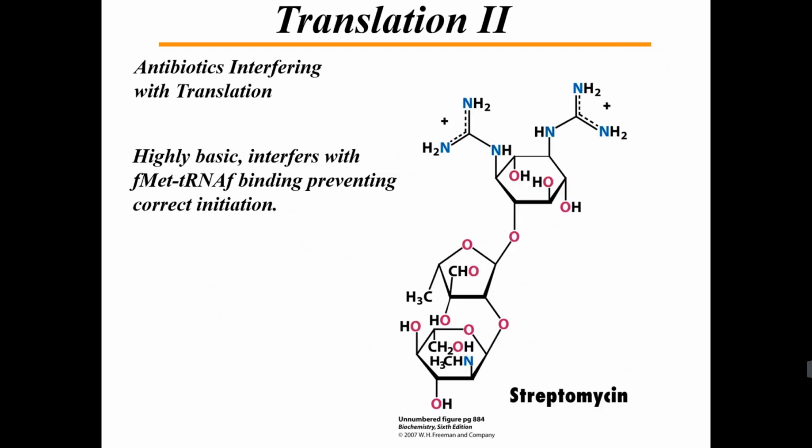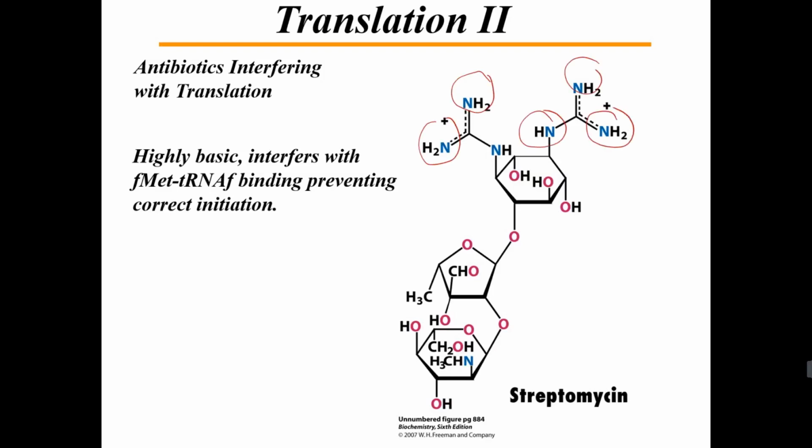And just briefly, I wanted to show the structure of streptomycin. This is an antibiotic that's very specific for inhibiting protein synthesis in prokaryotes. You can see that it has a very highly basic structure, so you get lots of amino groups conferring that basic characteristic.